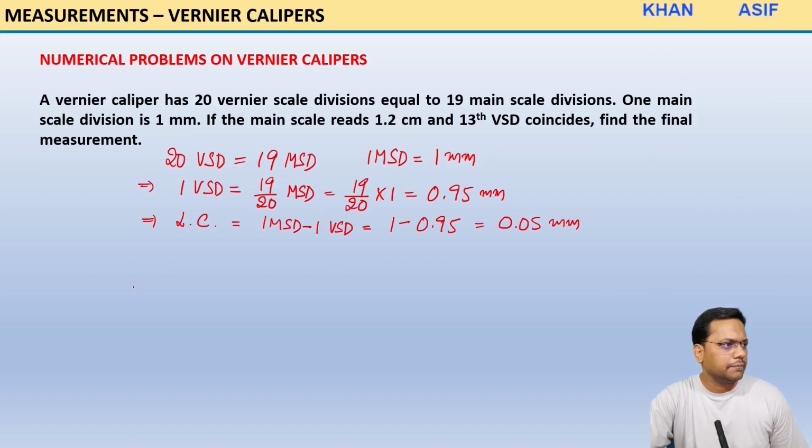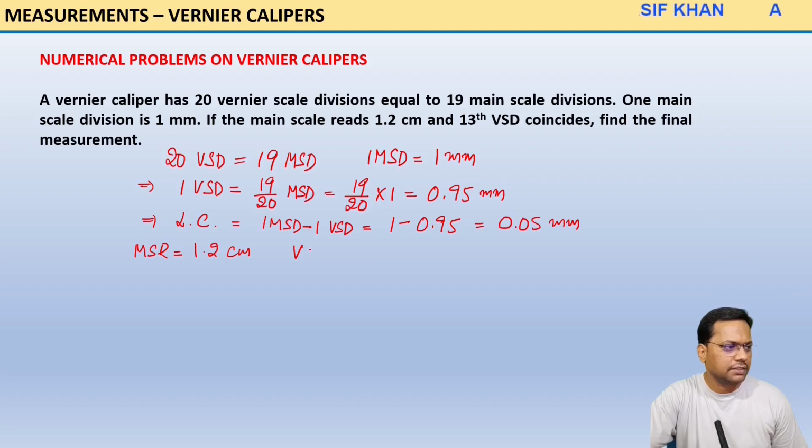Next, the main scale reads 1.2 centimeters, that is main scale reading is equal to 1.2 centimeters, and the vernier coinciding division, say VCD, is equal to 13. Now find the final measurement, that is the total reading. So I write it as total reading, TR, is equal to MSR plus VCD into LC.